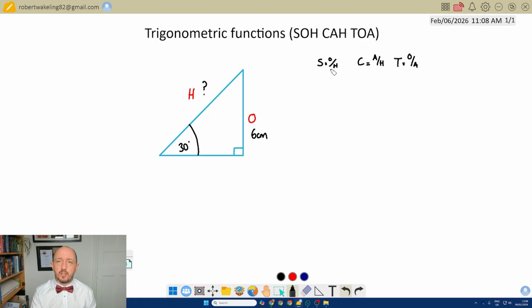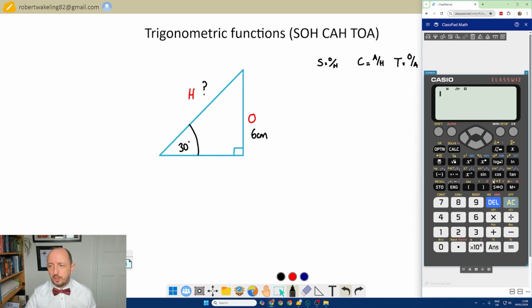So what does this S, C, and T stand for? If you get your calculator, you might be able to see the sin, cos, tan, sine, cosine, and tangent functions on the calculator buttons. They are what we're going to use to help us find the missing thing, in this case, the hypotenuse.